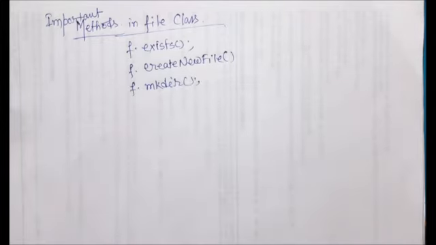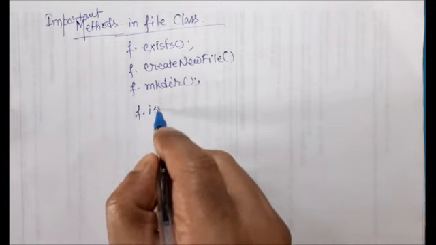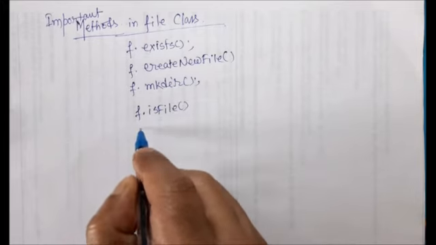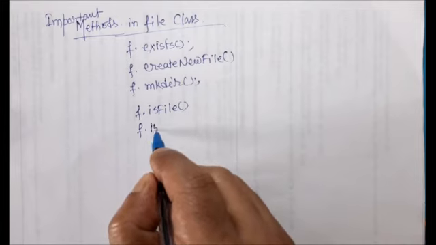But how do I know whether my file is a directory or a file? We have another method called f.isFile to check whether it is a file or not. Similarly, we have another method to check whether this is a directory or not.